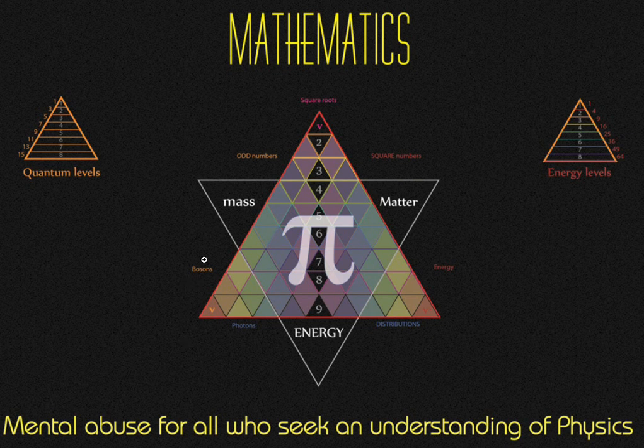And that bosons are odd numbers, energy itself is the square number quanta, square root is linear momenta, photons give us distributions of energy as do bosons, and transverse versus longitudinal measurements give us differing physical properties for the same energy fields, just as differing spatial coordinate systems give us differing physical properties of energy, i.e. mass or matter.